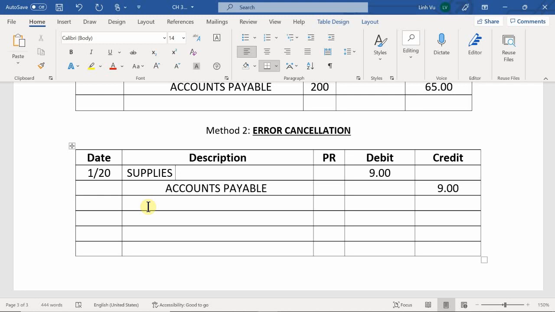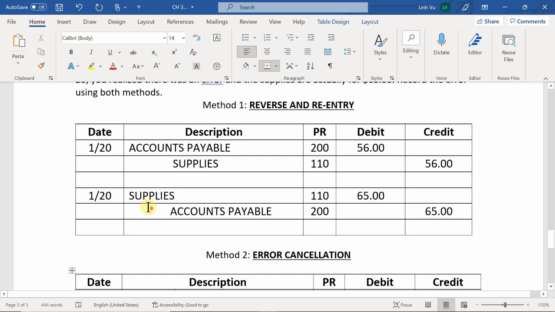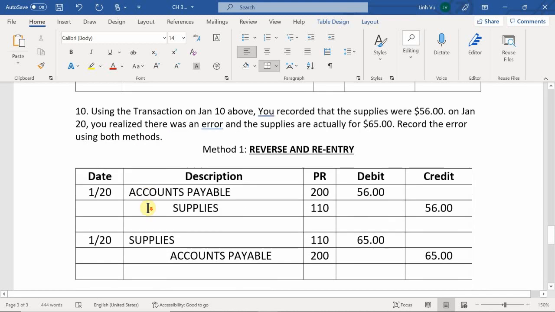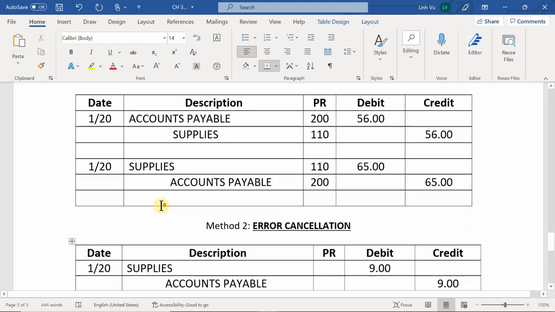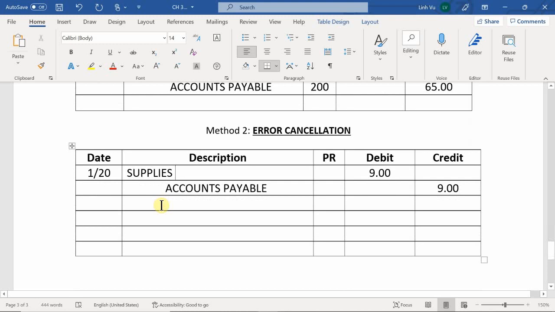It's the value of the supplies. My original plan was that I bought $65 worth, but I recorded that I valued my supplies at $56 and that I owed only $56. So that has nothing to do with the quantity. No, absolutely not. Okay, I think I'm good then.